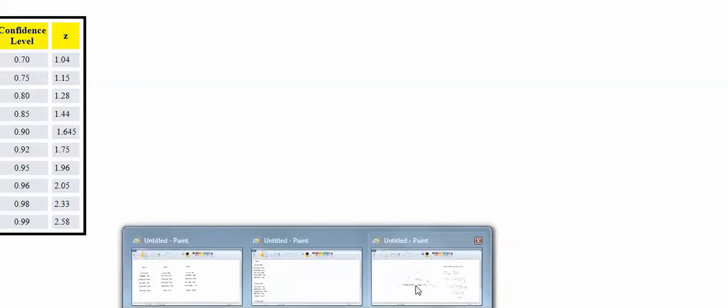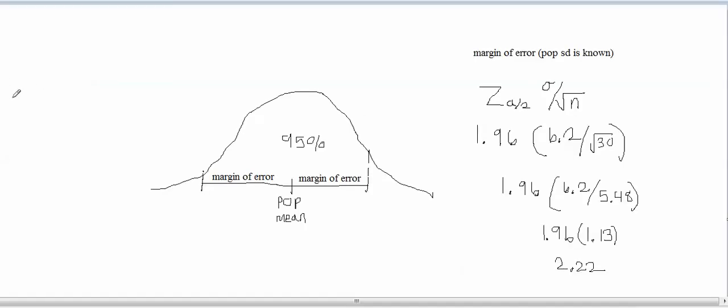What that's saying is that if you have a normal curve like this, if the sampling distribution follows a normal curve, then 80% of the possible samples are between these two z-scores.